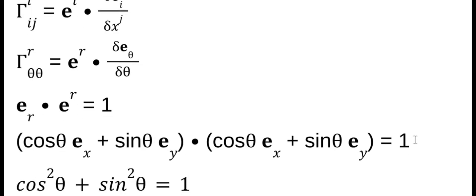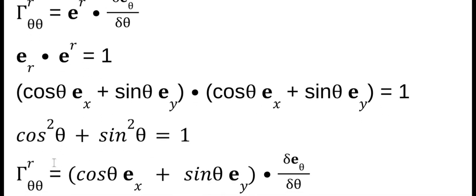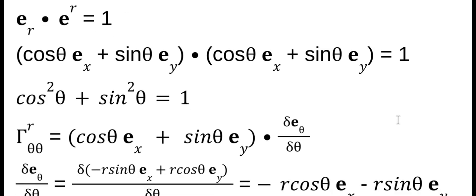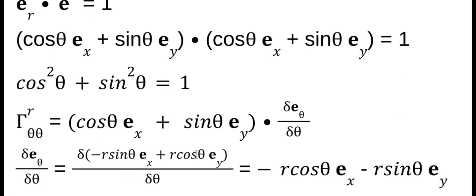Well, that's pretty obvious. If we just square both of these, we're going to get 1. So the basis vector e_r and the dual basis vector e^r are the same thing, okay? So we can put that in. Now we just got to find this derivative. So we put in our e_theta basis vector, differentiate it with respect to theta, we get this expression. So we put that back in right there.